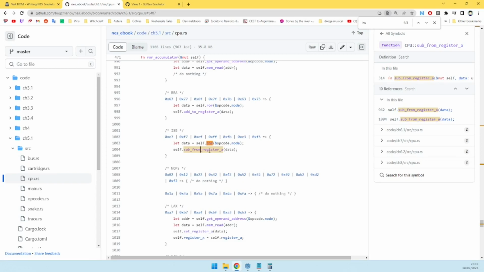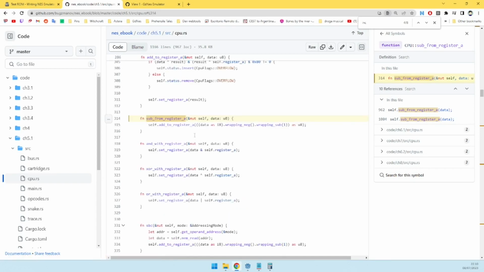But my function seems to not be doing the right thing. So what does this function do? Data as signed 8, wrapping negative, wrapping subtract 1.